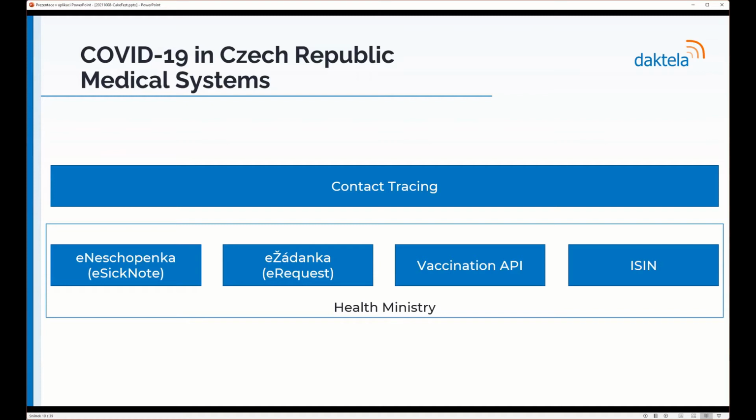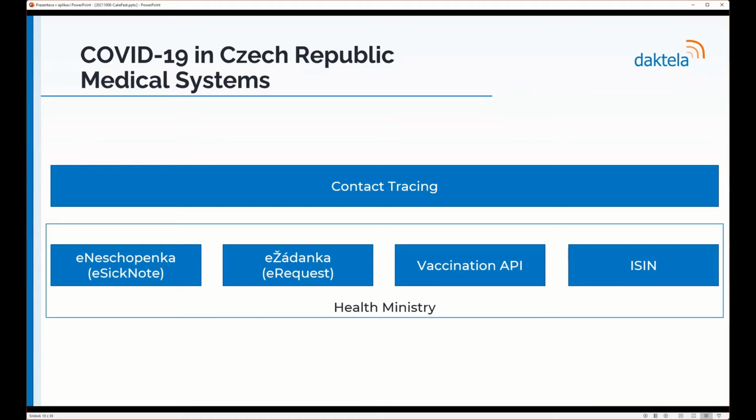Then you have the e-request application, which is used in all cases of calling the risk contacts, where you need to send these contacts to the COVID PCR sample collection, and for this you need to have this request created for you by the agent of the contact center.